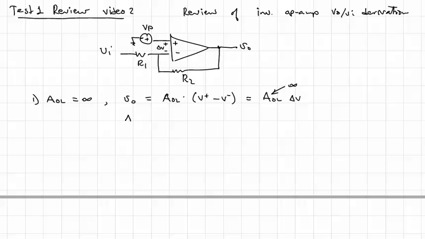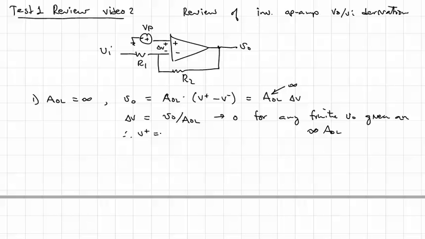So we could also write delta V is equal to VO over AOL, which is therefore going to be equal to 0 for any finite VO given an infinite AOL. That's where we arrive at V plus equal to V minus.